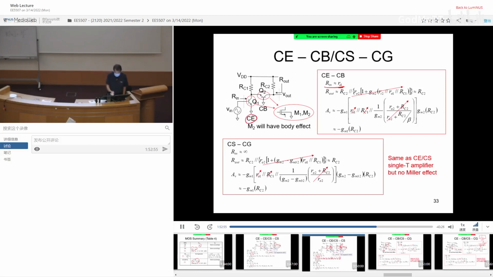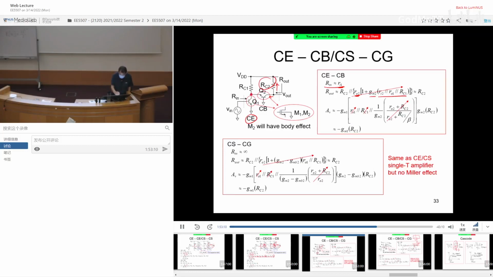For output resistance, you are going to have RC2 parallel with whatever is looking into this Q2. Looking into Q2 is going to be RO2 multiplied by 1 plus GM times something. But what is that something? It's basically the resistor connected here, which is RC1 parallel with RO of Q1.